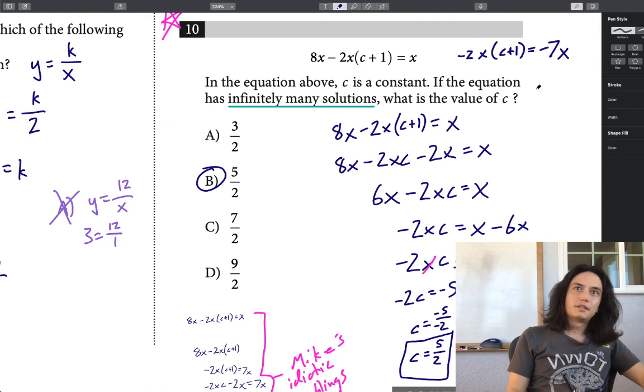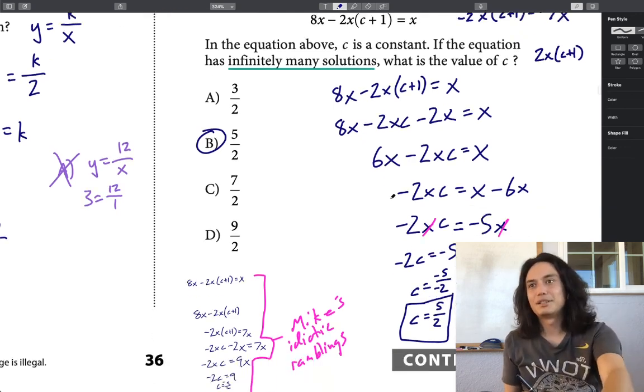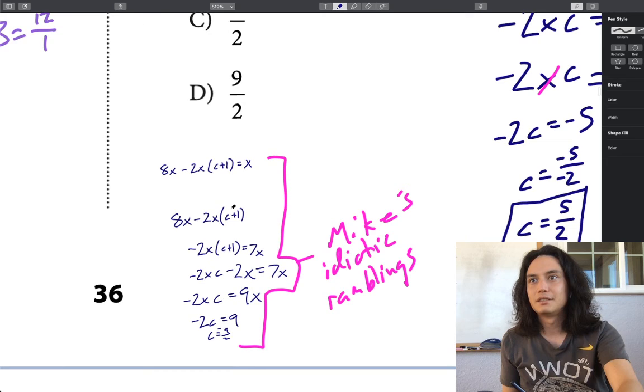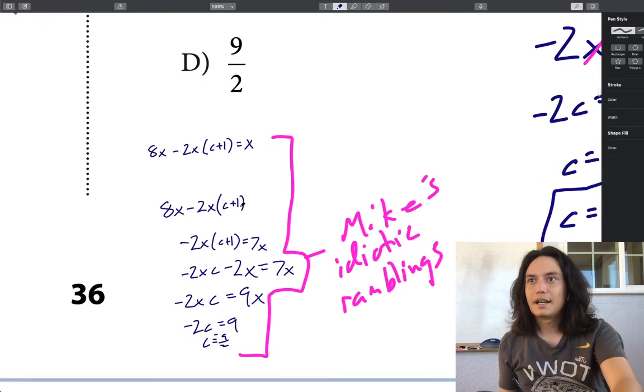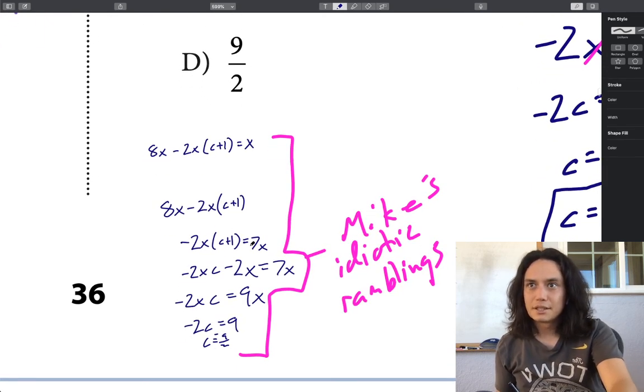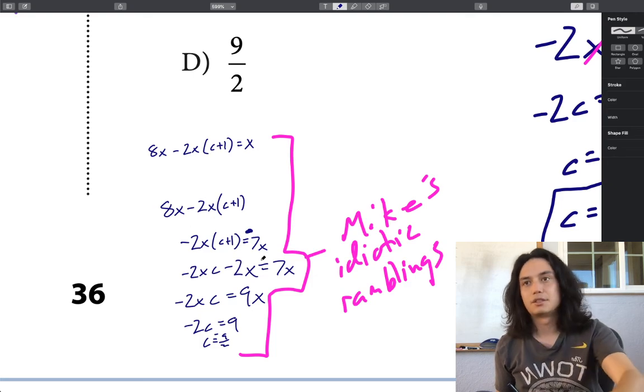This needs to be negative 7x. This needs to be 7x, but did I mess that up? Is that what I did? Yeah, this doesn't need to be 7x. This needs to be negative 7x. Yeah, because if this turns out to be 7x, oh, I'm so dumb.